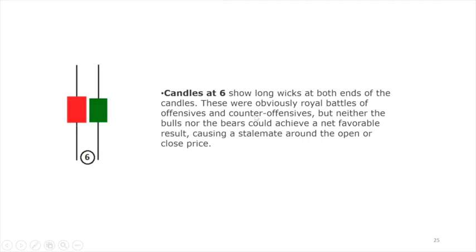Offensive and counter-offensive, but neither bulls nor bears could achieve a net favorable result, causing a stalemate. They're not moving anywhere. So the price can go up or come down as well. Don't enter blindly. Nobody is in control around the open and close price.